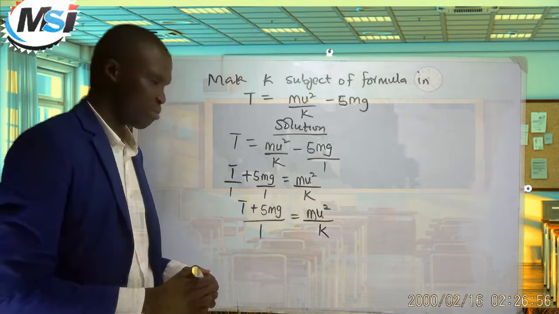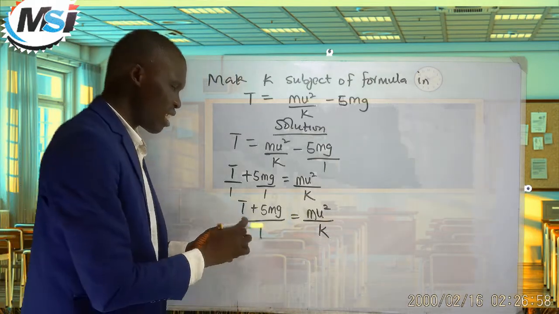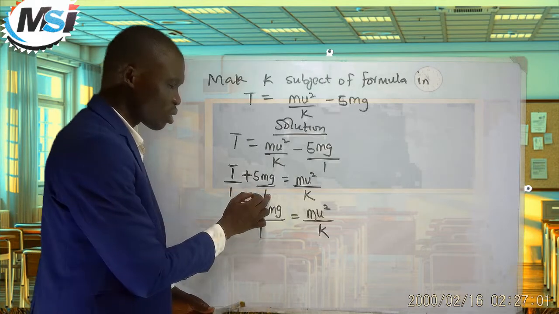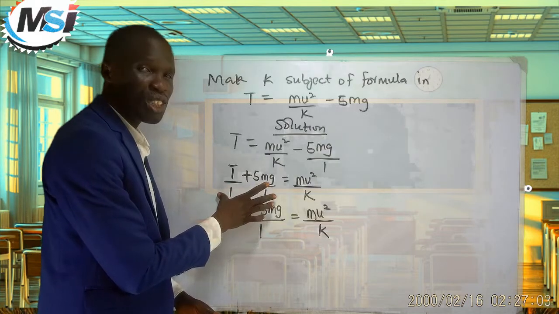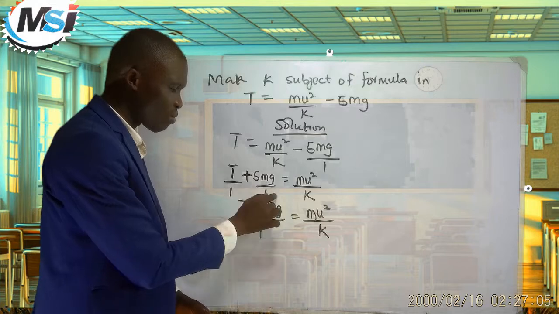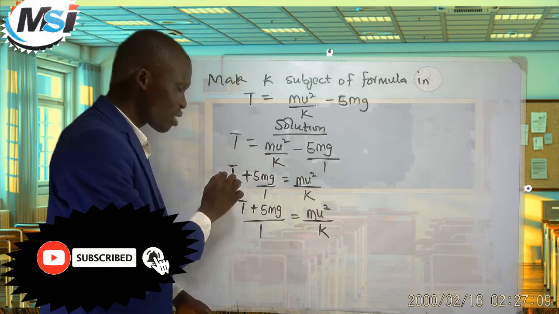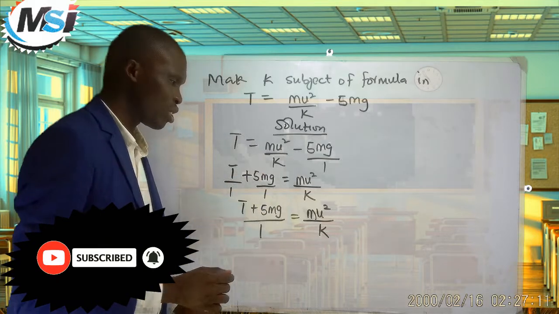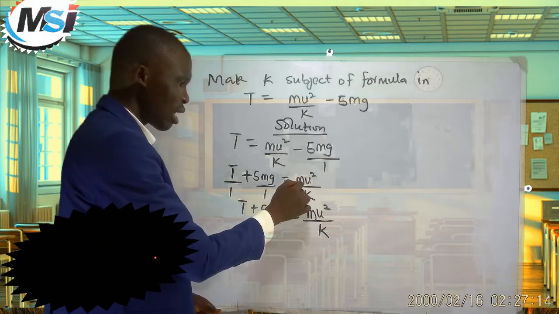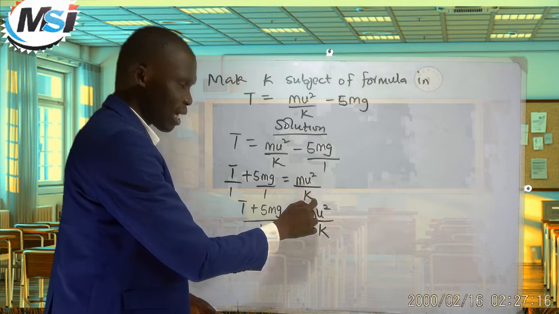I believe you are following me, right? So what I did here is, this is 1, this is 1, and they have the same denominator. So I pick 1 out of this, then I add what I have up, which will give me T plus 5mg equals mu squared divided by k.